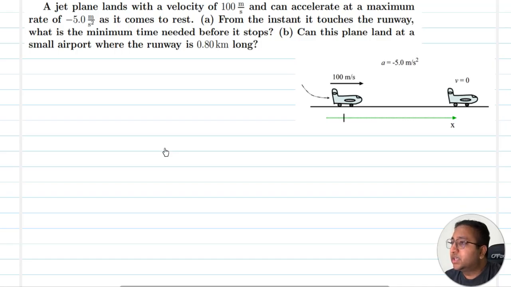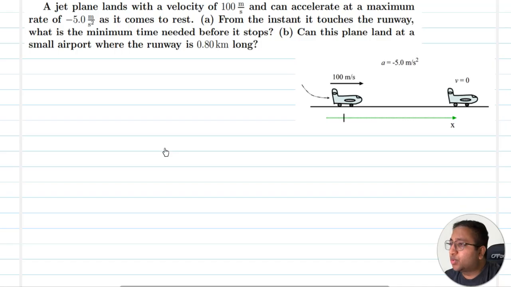From the instant it touches the runway, what is the minimum time needed before it stops? So we have to calculate the time it takes for the jet plane to stop with a retarding acceleration, or the deceleration, of 5 meters per second squared when it touches the ground at a speed of 100 meters per second.